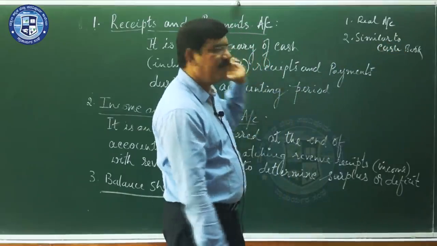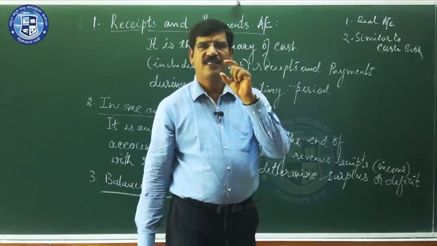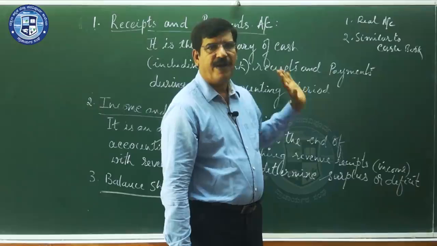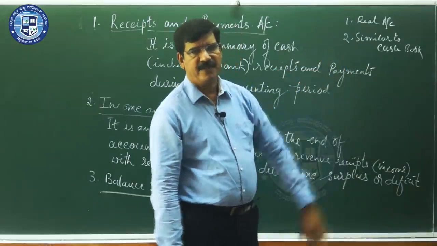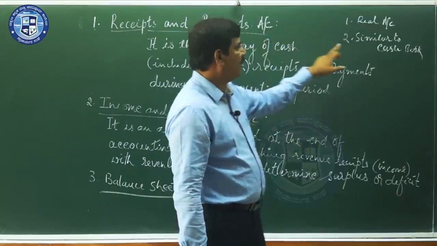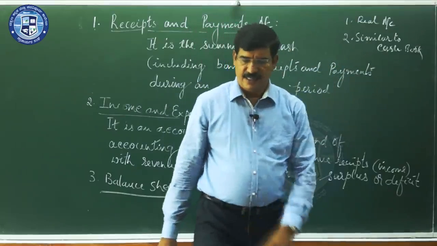But in the receipts and payments account, we record the summary of that under one head, by salary, on the payment side. So this is the basic difference between the receipts and payments account and the cash book.